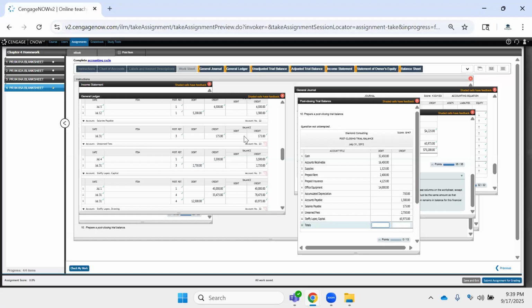And then we add up all the debits and credits. And we can see that our ending post-closing trial balance debit total is 7,950 and our credit total is 7,950. And that is it.